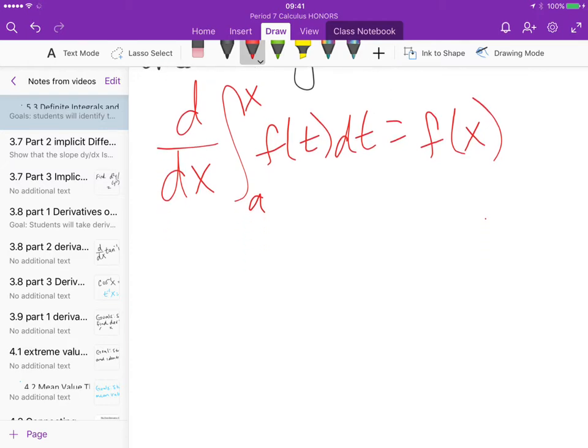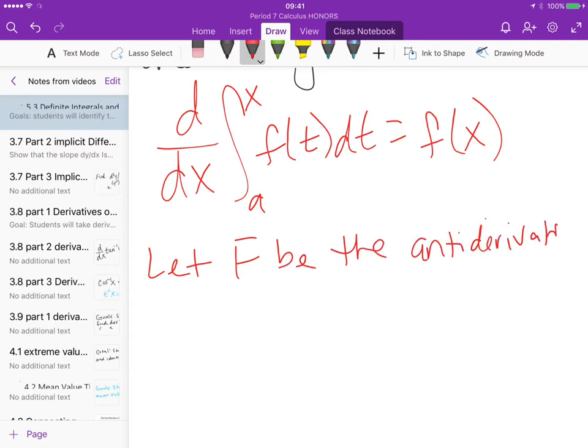And so that leads us into what we call the antiderivative, okay? So we're going to say let capital F be the antiderivative of little f.